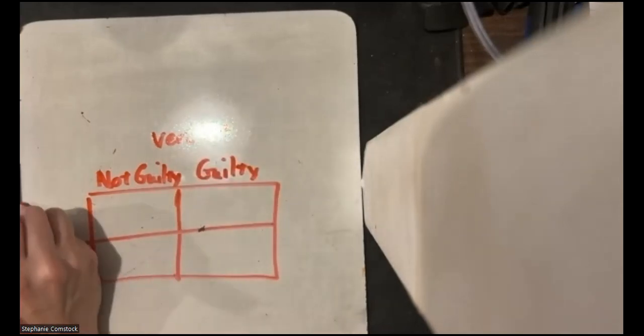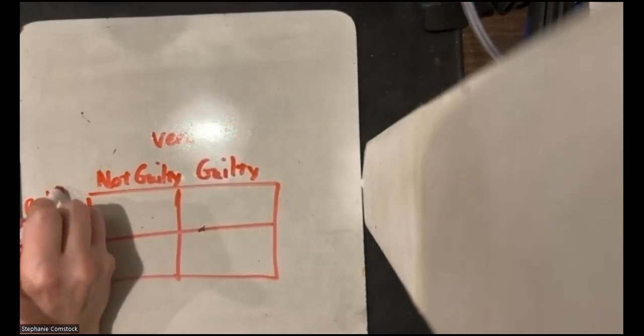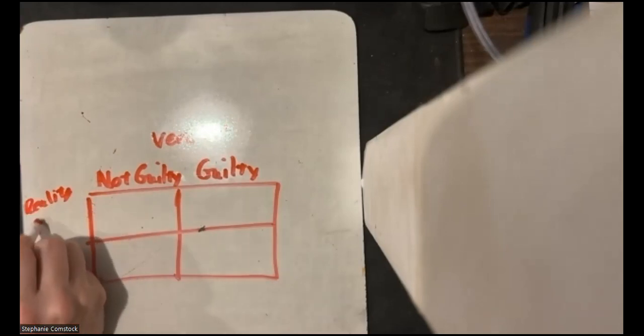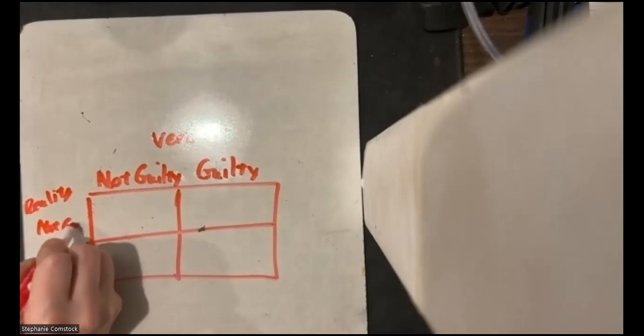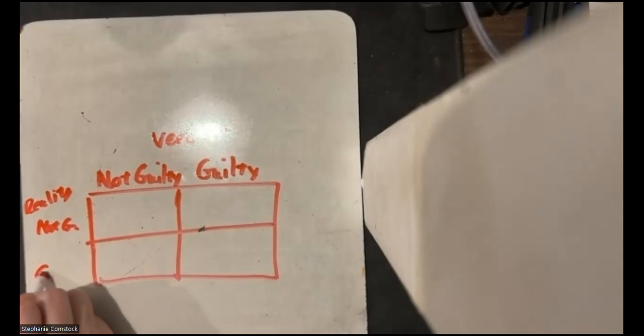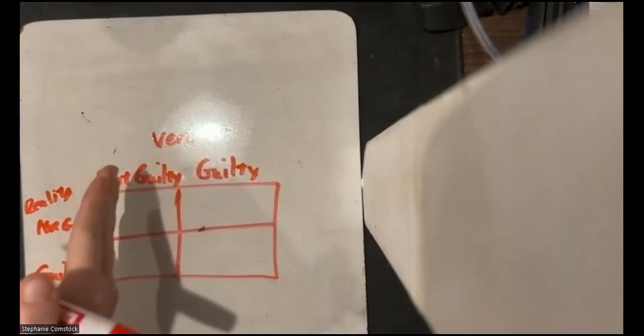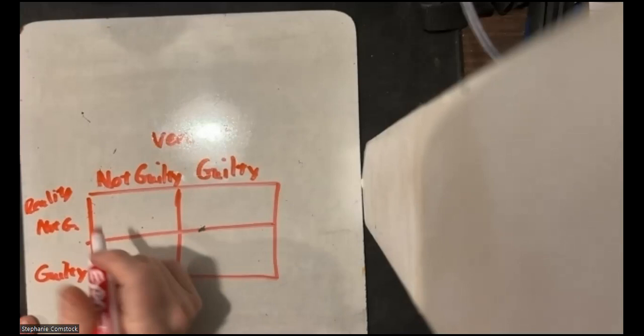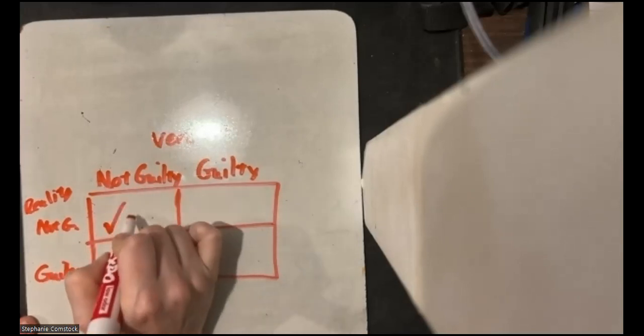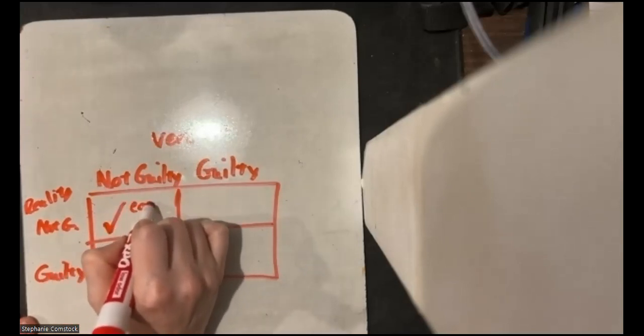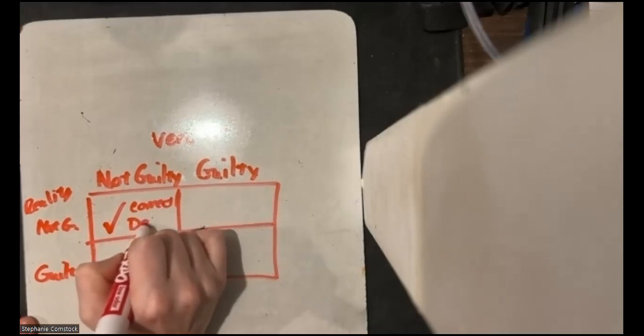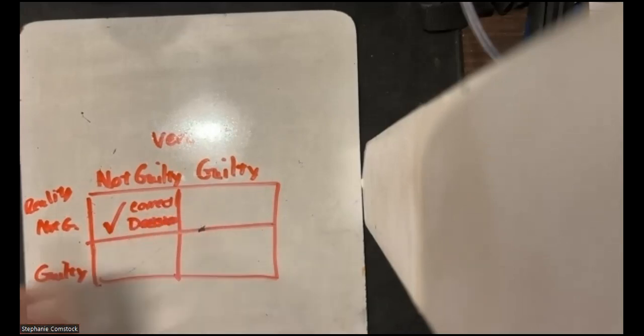Now, here is reality. So if they were not guilty, and if they actually did it. If we failed to reject, so we found them not guilty, and they were legit not guilty, then this was a correct decision.